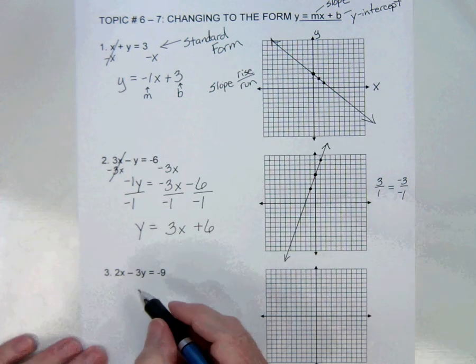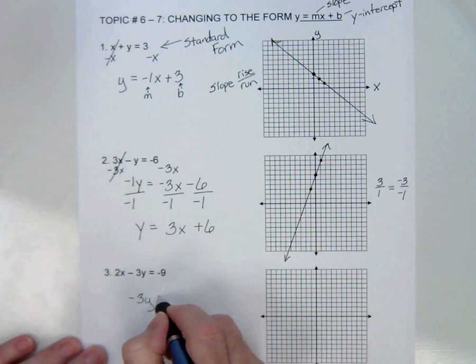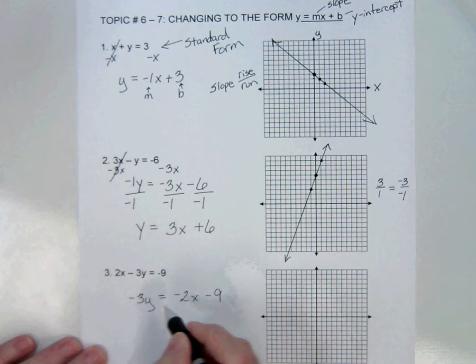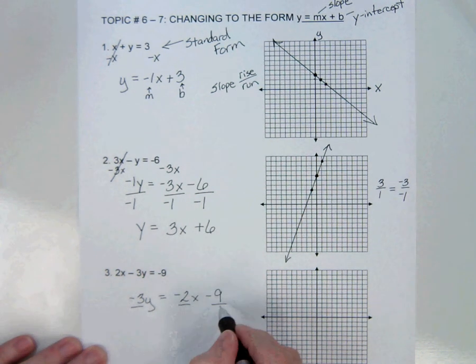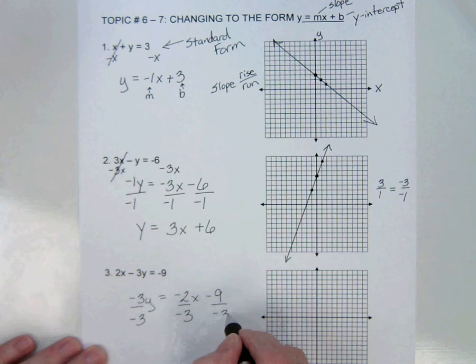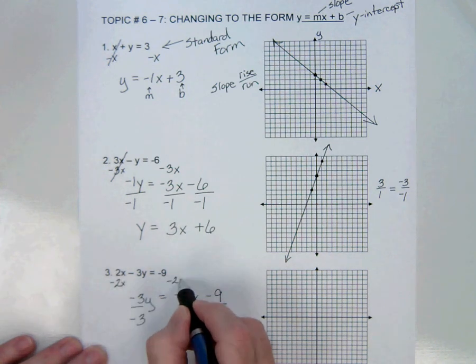Again, more practice. A negative 3y is equal to a negative 2x minus 9. The division would be to divide 3 across. I didn't show the step here, but that's subtracting a 2x on both sides.